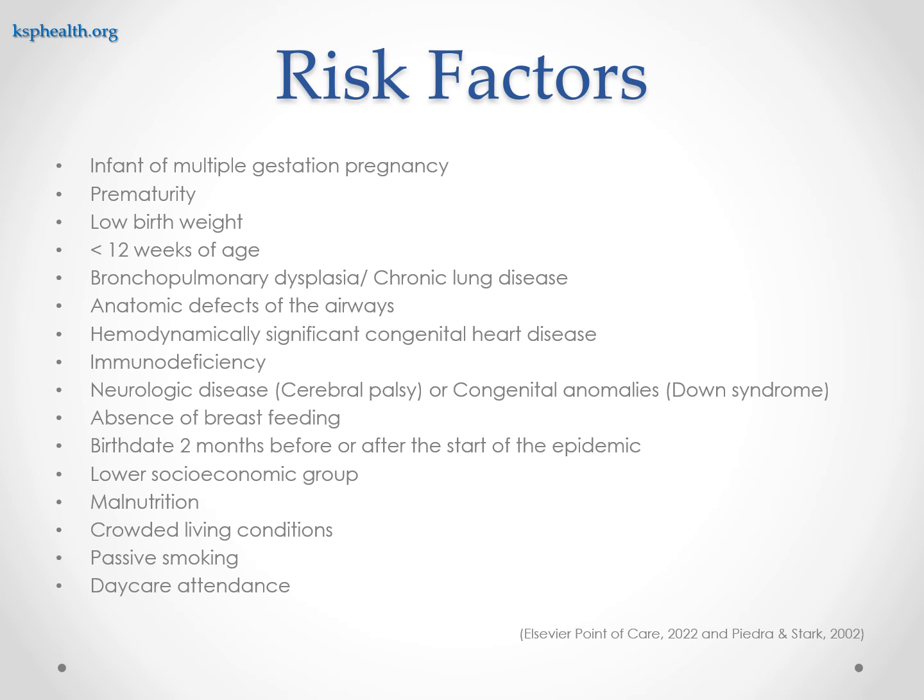Infant of multiple gestation pregnancy, prematurity, low birth weight, less than 12 weeks of age, that means less than 3 months of age, BPD or chronic lung disease, anatomic defects of the airways, hemodynamically significant congenital heart disease, immunodeficiency, neurologic disease like cerebral palsy, congenital anomalies like Down syndrome, absence of breastfeeding, birth date 2 months before and after the start of epidemic, lower socioeconomic group, malnutrition, crowded living conditions, passive smoking, and attendance of daycare.